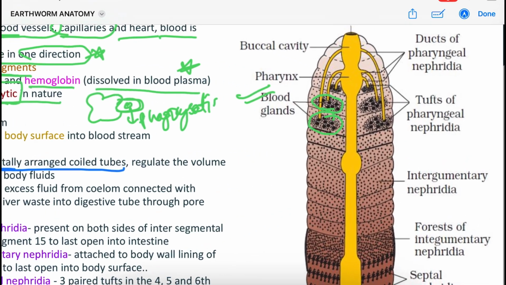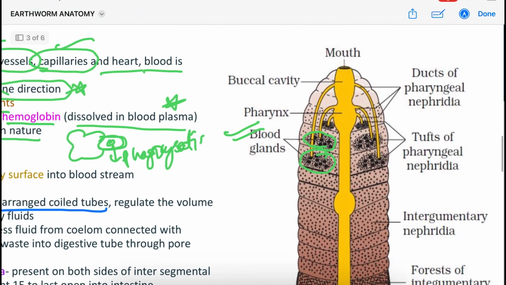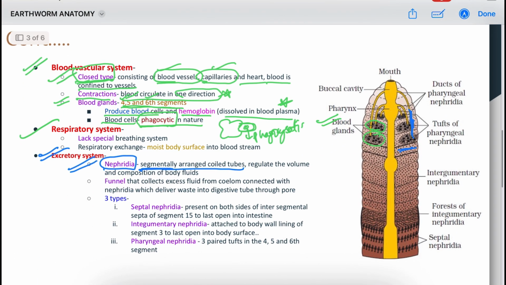These are tubes, and these all are part of nephridia. What is its role? It regulates the volume and composition of body fluids.